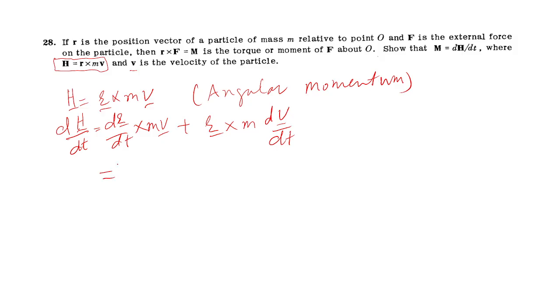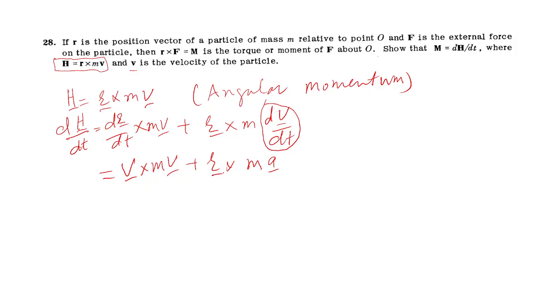Now you see this dr/dt is in fact the velocity, v cross mv, plus r cross m times dv/dt, and this is the acceleration.